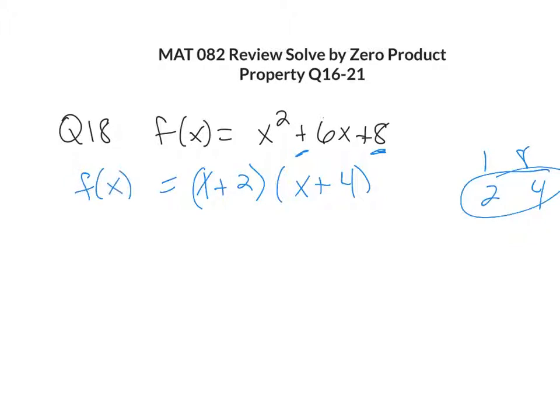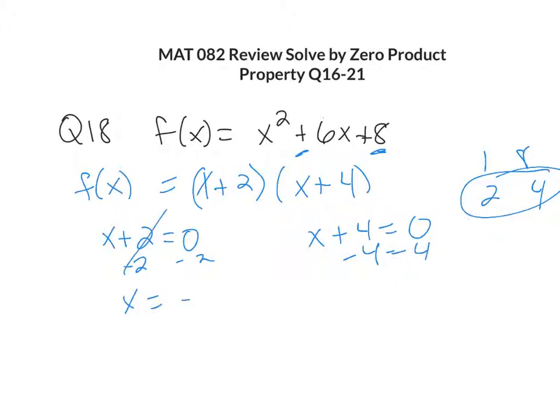Now I can set each of them equal to 0 using that zero product property. To get rid of plus 2, I subtract 2. To get rid of plus 4, I'm going to minus 4. X equals 0 minus 2 is negative 2. And over here, x equals 0 minus 4 is negative 4. So I'm going to write this, x equals negative 4, comma, negative 2.